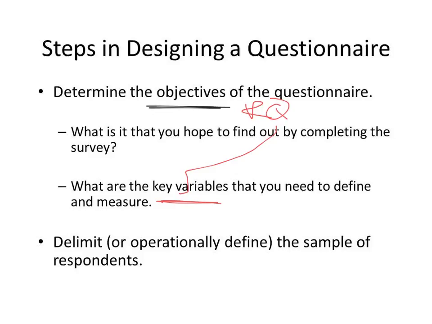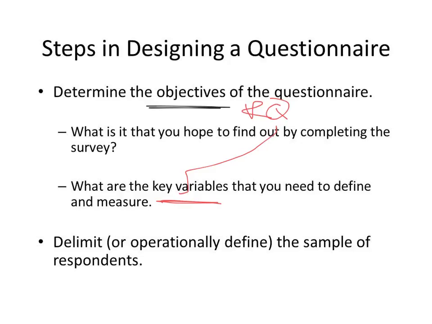After you developed the research question, you go to delimit or operationally define the sample of respondents. We're going to talk about sampling in our next lecture, but when you operationally define, just like we talked about earlier this semester, an operational definition is creating what the scope is within the context of your study.